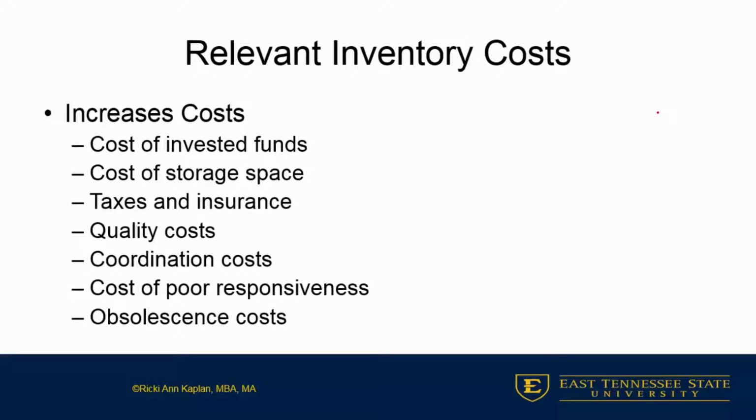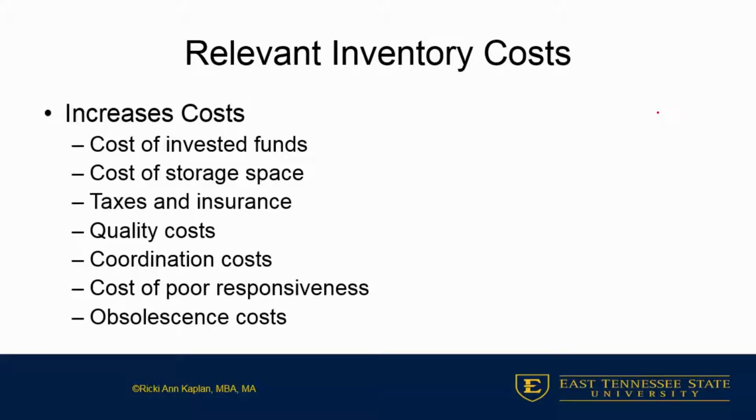Does it need certain humidity levels controlled, temperature controlled? How fragile is it? That also costs in storage space. If it costs more to store something in a freezer than it does to store it on a shelf, where it doesn't have to be climate controlled.